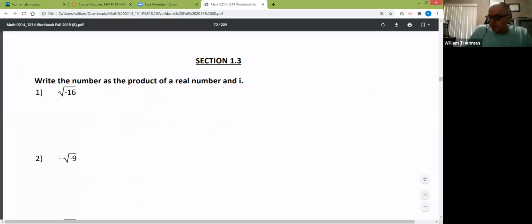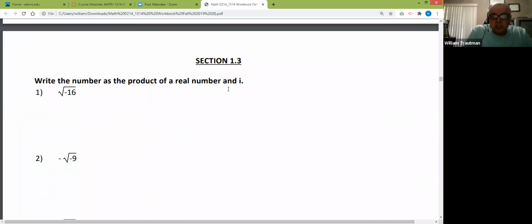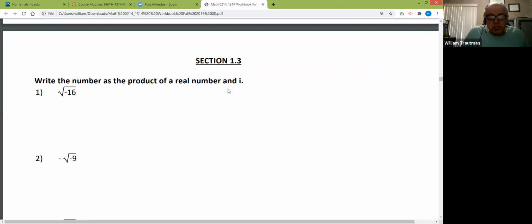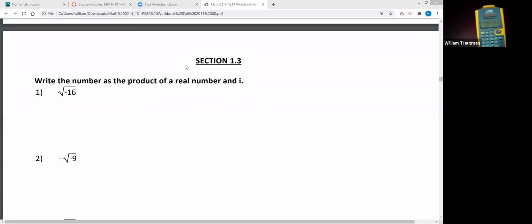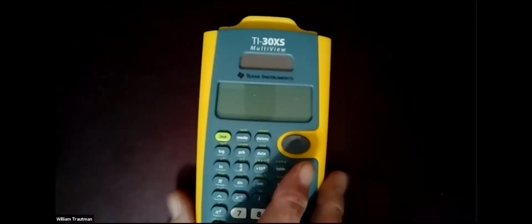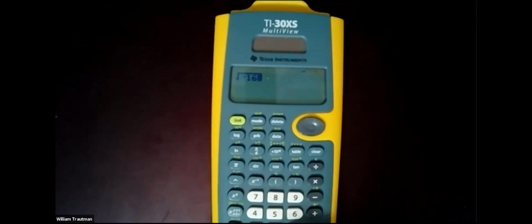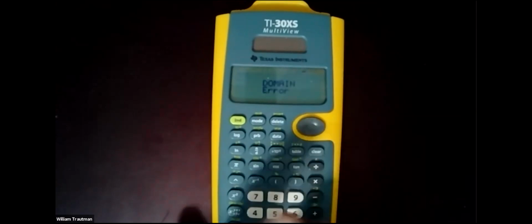All right, so I'm in the workbook. We're on section 1.3. Unfortunately, let's put the square root of negative 16 on my calculator. The square root of negative 16, and if you hit enter, it says error.